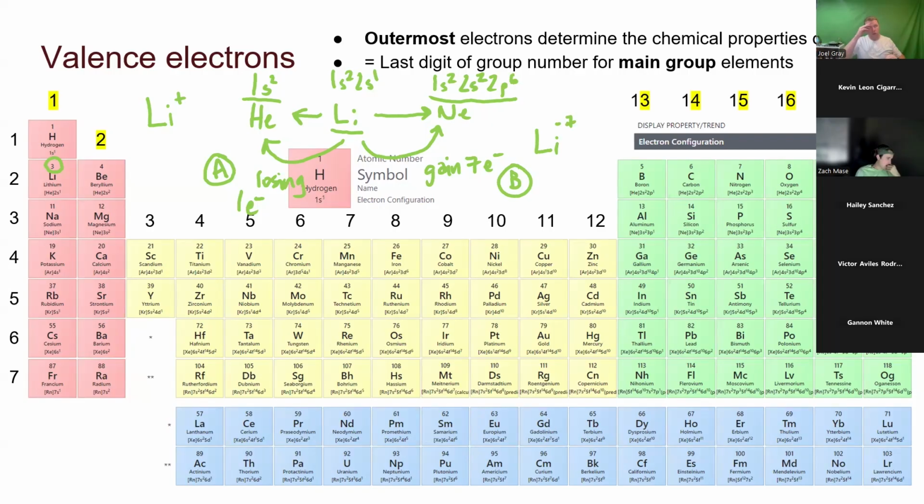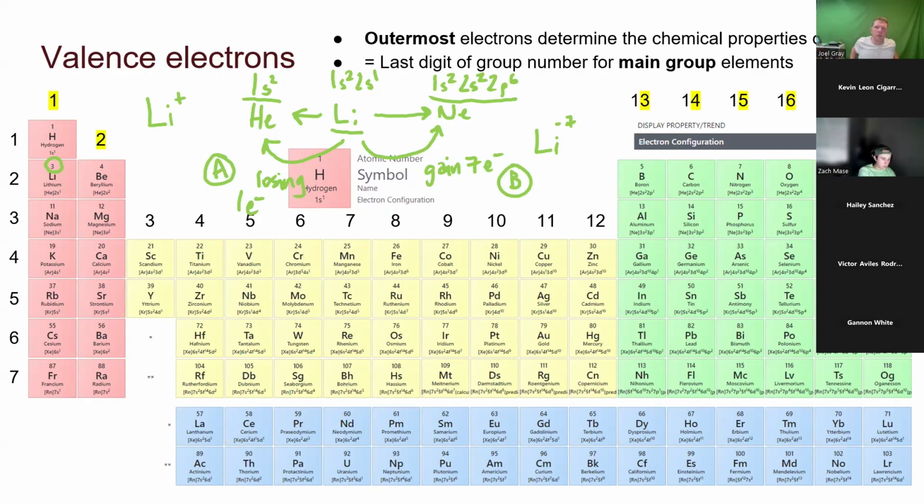Now, you're right. Those are our two scenarios. I have some thoughts with respect to this. My first thought is, what do you think is easier? I want you to think about losing or gaining an electron as being kind of equally challenging.